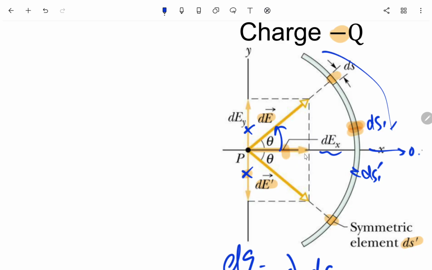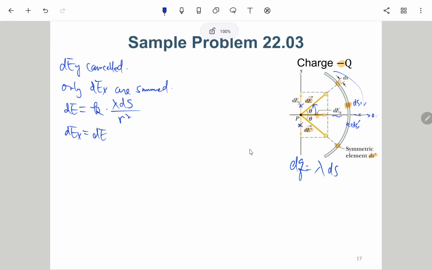So this is dEx, which will be dE cosine of theta. So dE also cosine of theta. In this case, it will be k times lambda ds over r squared, which will be the front part.